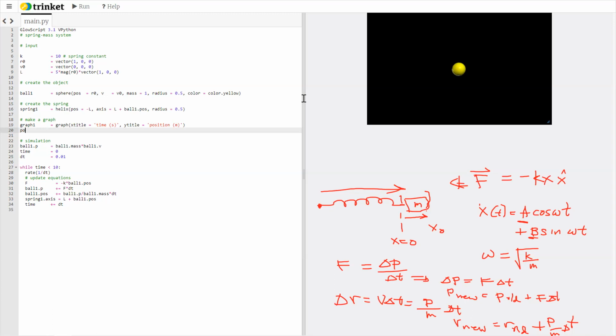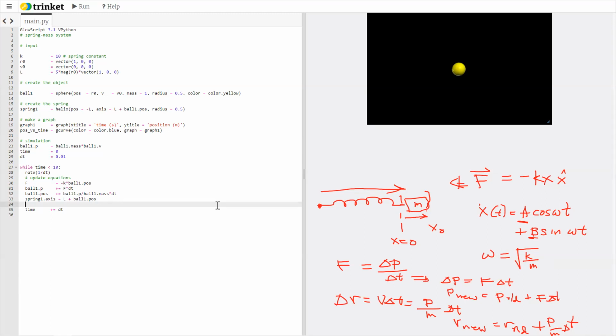So if we plot position versus time, you can use G curve, color, and the graph is graph 1. We assign it because we might need another graph for the velocity and time.